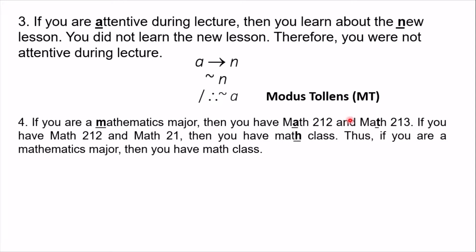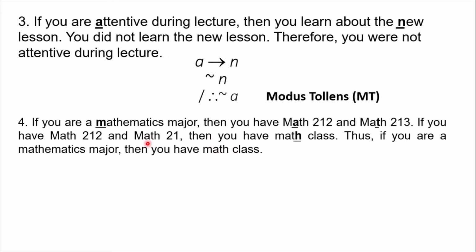Next, the second premise, if you have Math 212 and Math 213, then you have Math class. The second premise is again a conditional statement because of the words if and then. Thus is conclusion. If you are a mathematics major, then you have math class. Thus the conclusion is also a conditional statement.